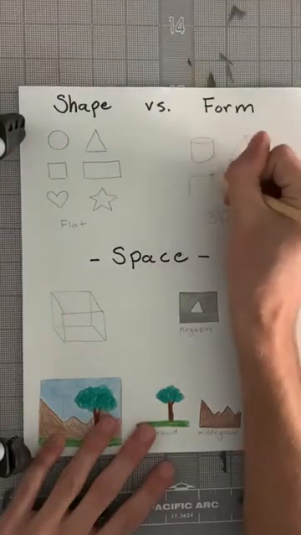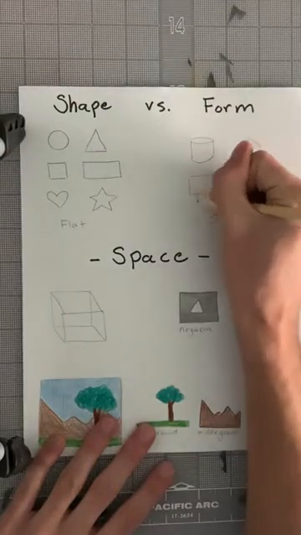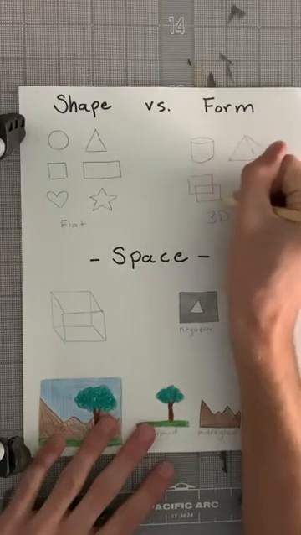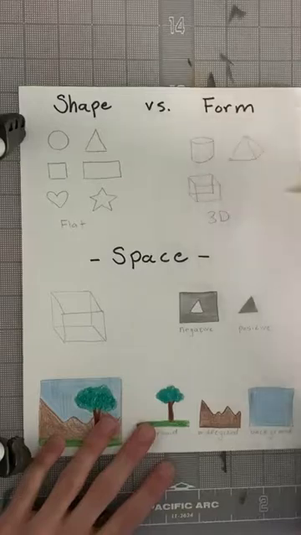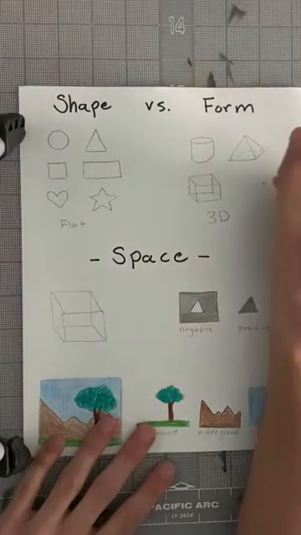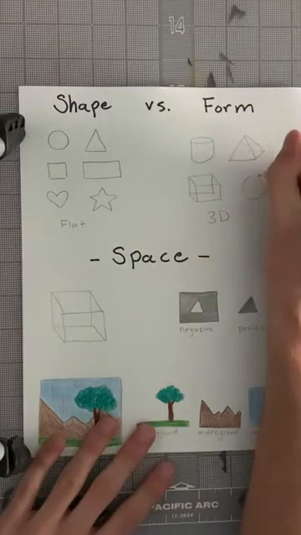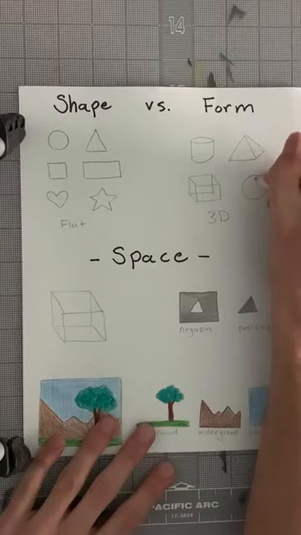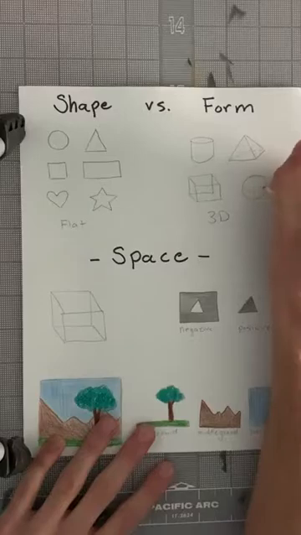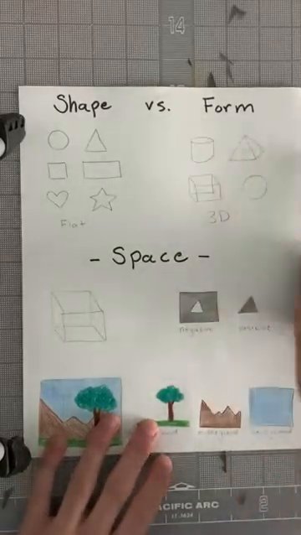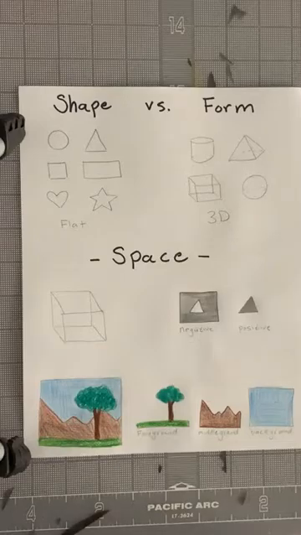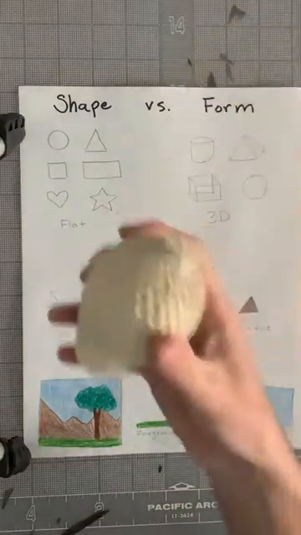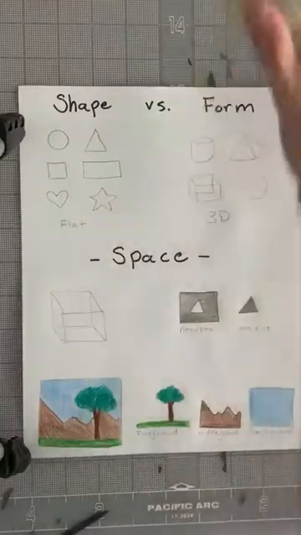We have a cube. And we have a sphere. All right, so these are all three-dimensional. They're all forms, okay?